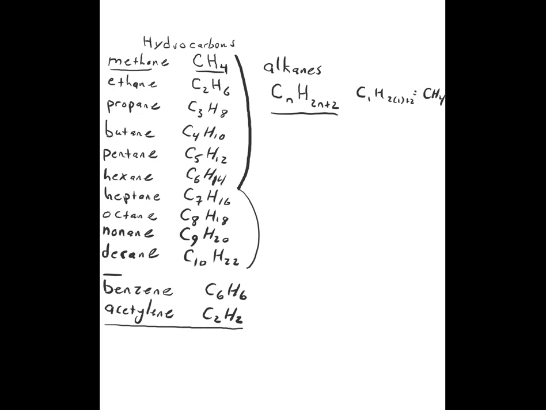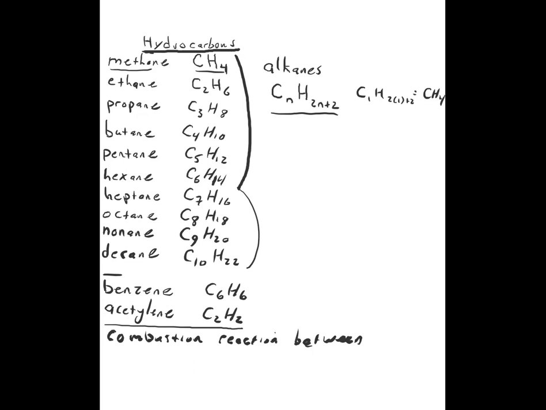Okay. Now, what we're going to do is we're going to look first at predicting the products of a combustion reaction. So imagine we have this combustion reaction between, sorry, I'm not writing that very well.